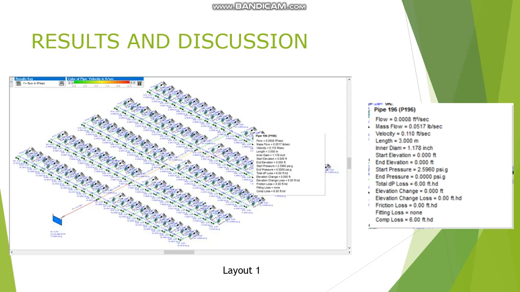Pipe Flow Expert is a powerful software. We can literally input data of the components, and we will get data such as the flow, mass flow, velocity, and much more. So the first layout, we have 0.0008 cubic feet per second of water flow.